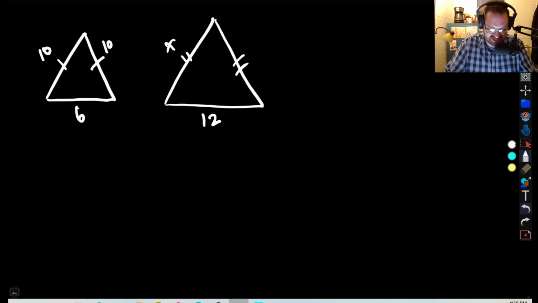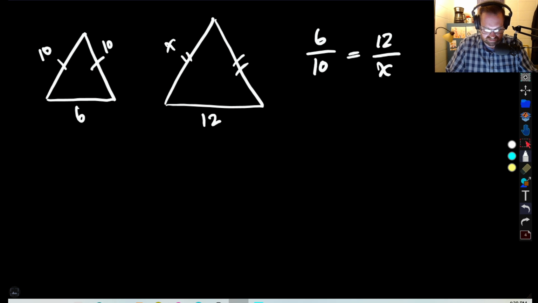Basically what I was trying to say was this: I've got 6 over 10 is equal to 12 over x. Bottom to side, bottom to side. So you can do one size to the other, and it just makes life a lot easier.